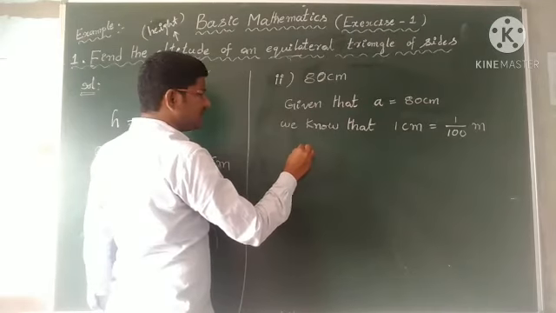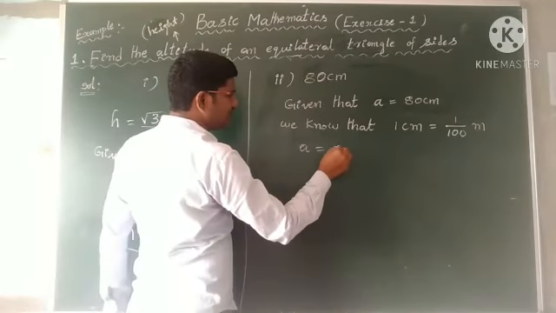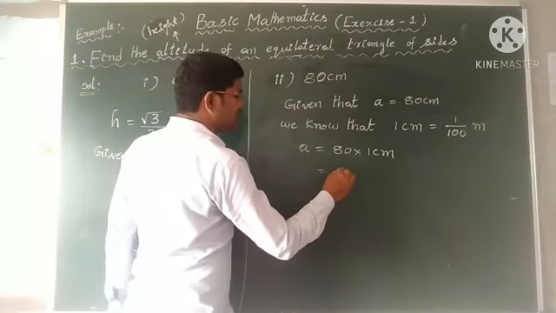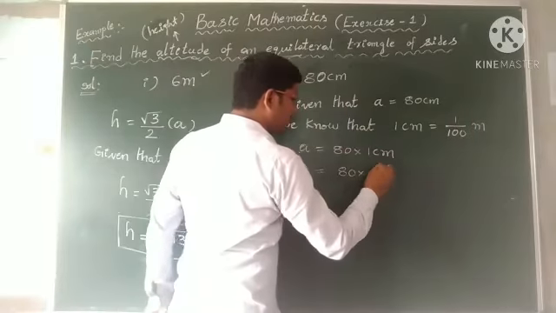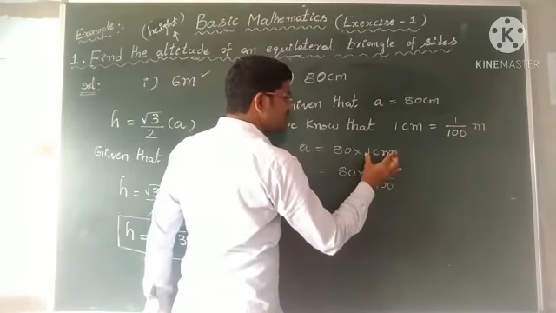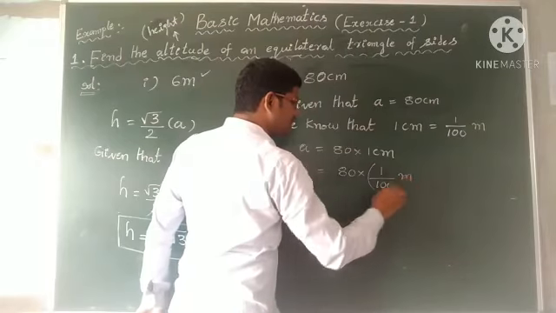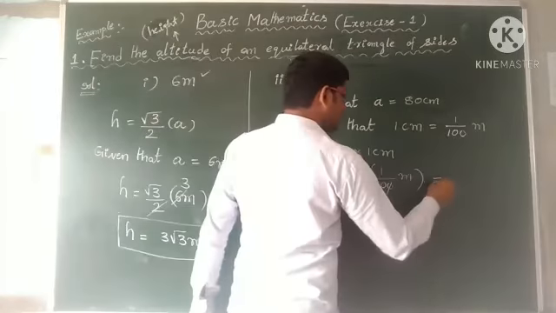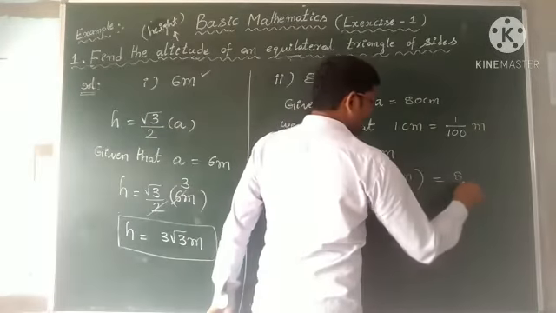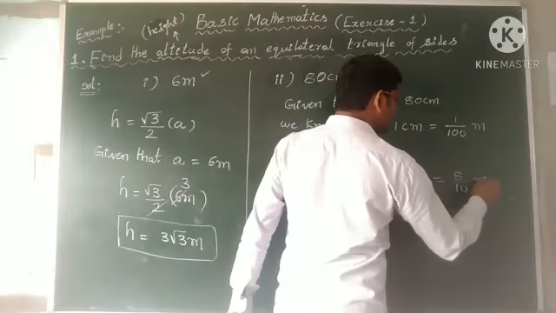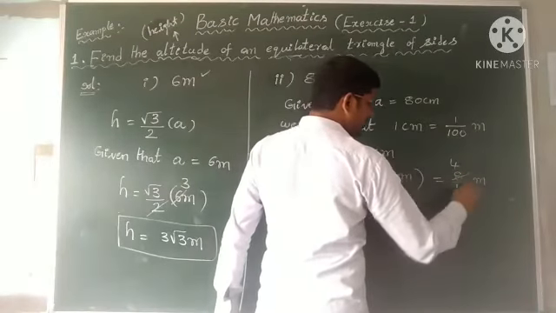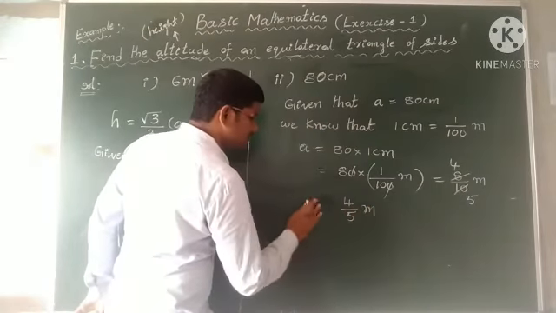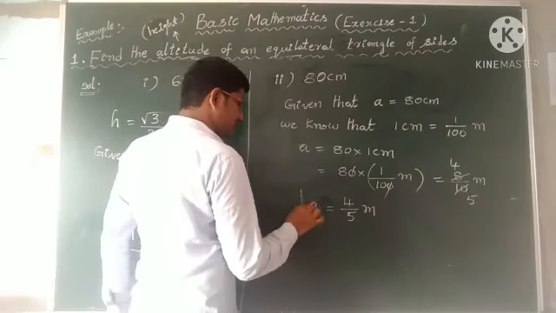So I am converting that: a is equal to 80 centimeters. 80 into 1 centimeter, and instead of 1 cm we can write 1 by 100 of a meter. Then 0 gets cancelled, so you will get 8 by 10, and meters is left here. Now cut with 2 4s, 2 5s are. So we get 4 by 5 meters is equal to the side of the triangle.